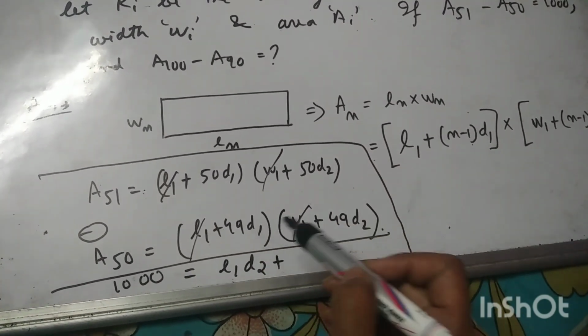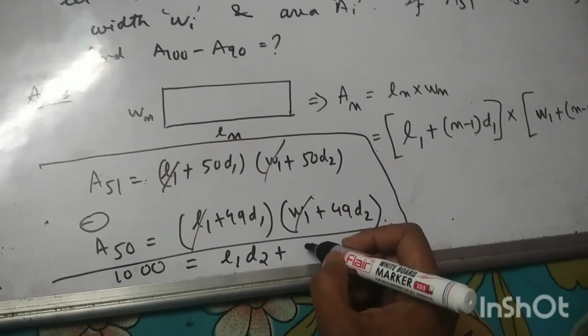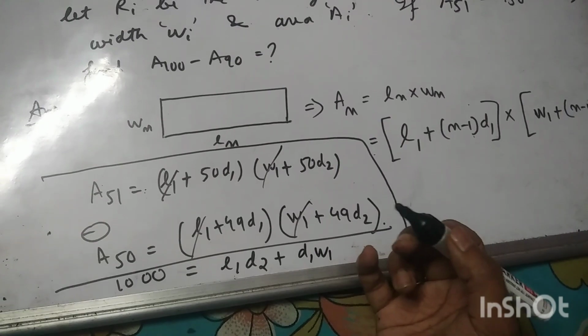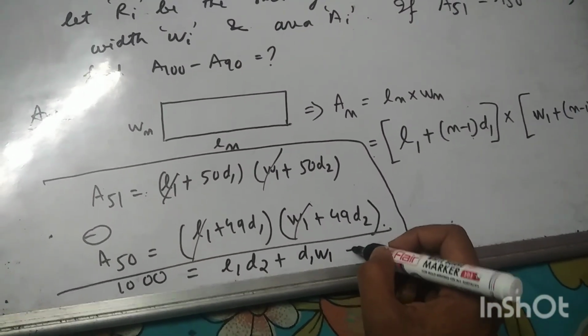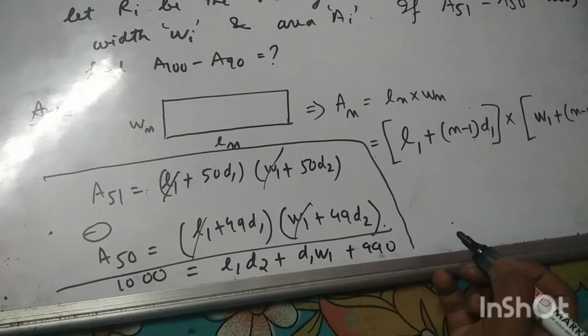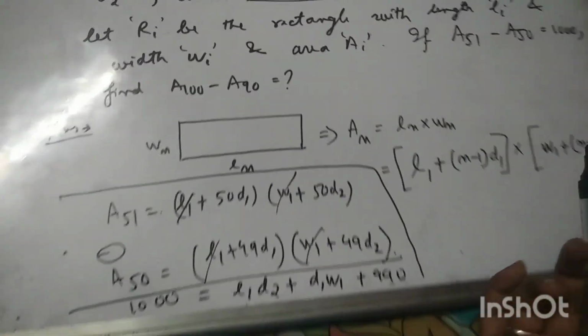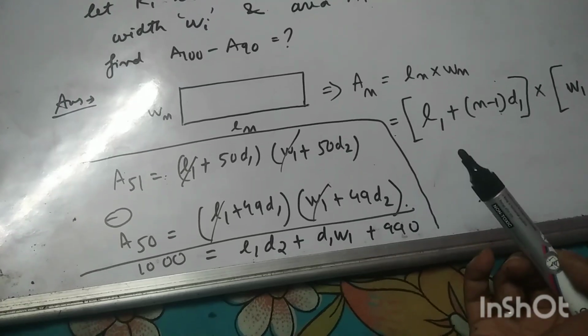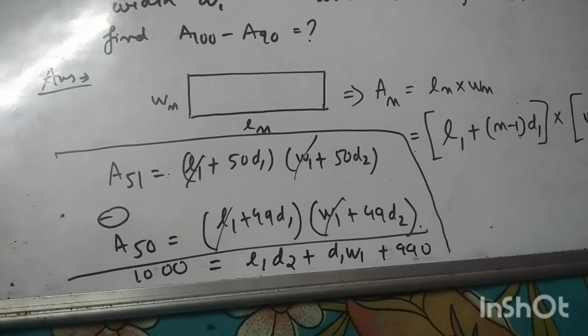Next D1 W1, 50 minus 49 is 1, so D1 W1 is also like this, plus 990 you will get, because D1 D2 is 10. So 50 square times 10 minus 49 square times 10, the difference is 990.